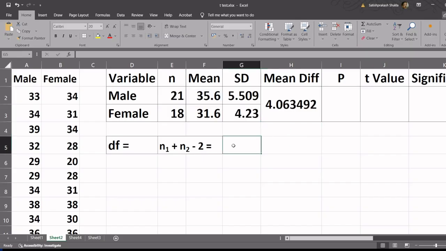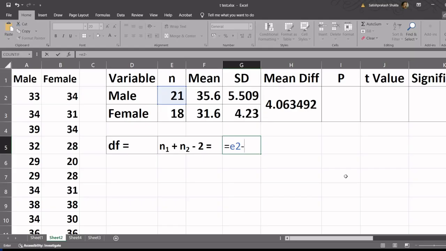Now we will find DF, degree of freedom. When two uncorrelated means are given, then DF equals N1 plus N2 minus 2. N1 we have calculated in E2 and N2 we have calculated in E3. So, here we will write equal sign. N1 is written in E2, so we will write here E2 plus N2.